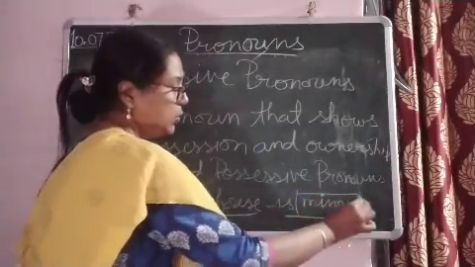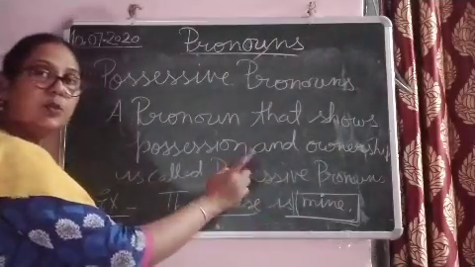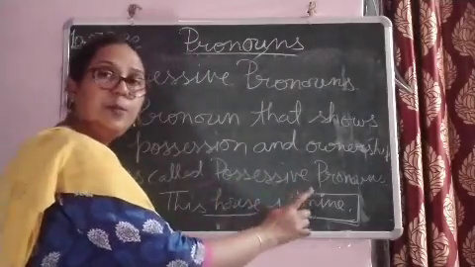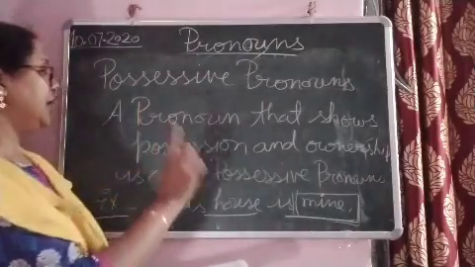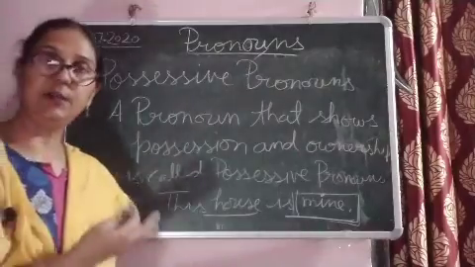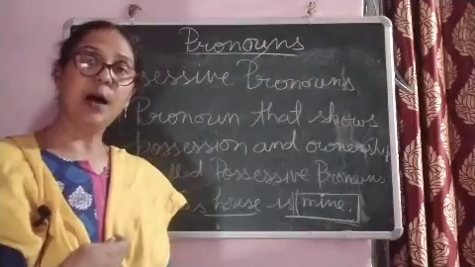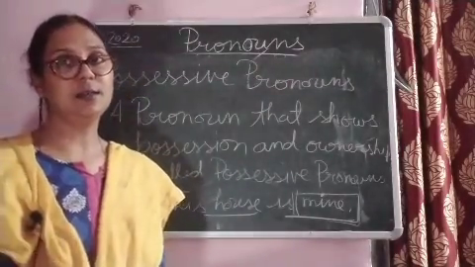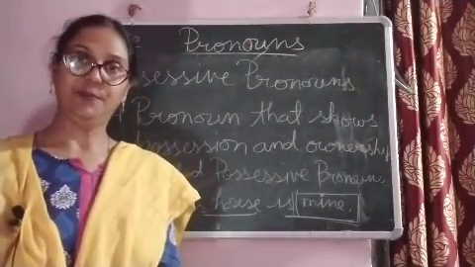So I am here showing the possession because this word is showing the possession. So it is called possessive pronoun. Always remember, a pronoun that shows possession and ownership is called possessive pronoun. For example, his, her, my, mine, your, yours, ours. These are all examples of possessive pronoun.